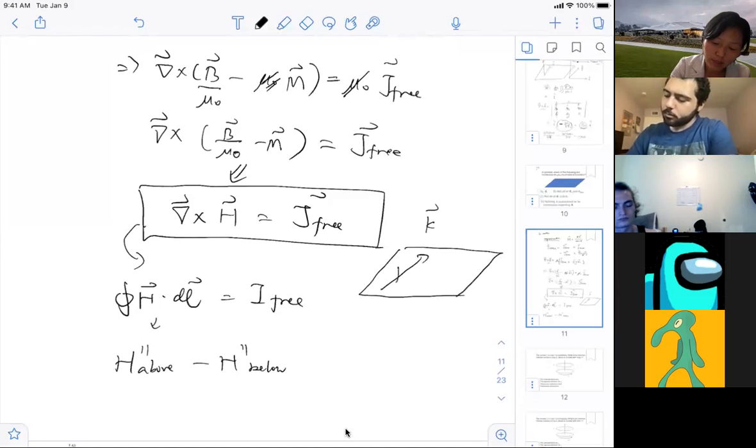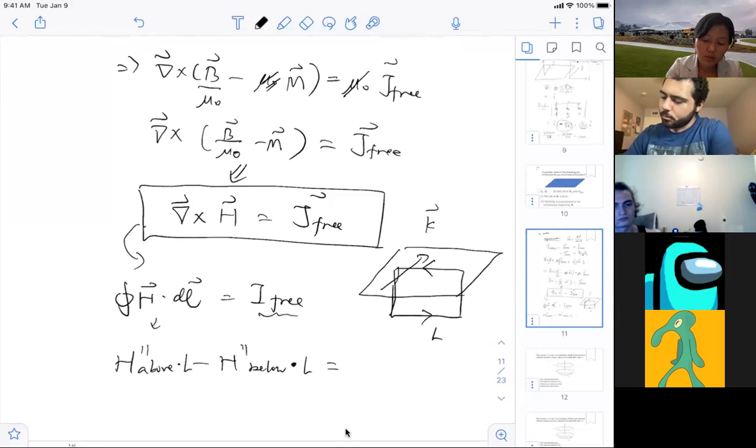And this is my L. Okay, so H above times L minus H below times L is equal to the current that's running through the surface. So you can see this is a current K, and it is running across a perpendicular cross length as L. So you can put L here, right? So you could just simply say H above minus H below is equal to K.